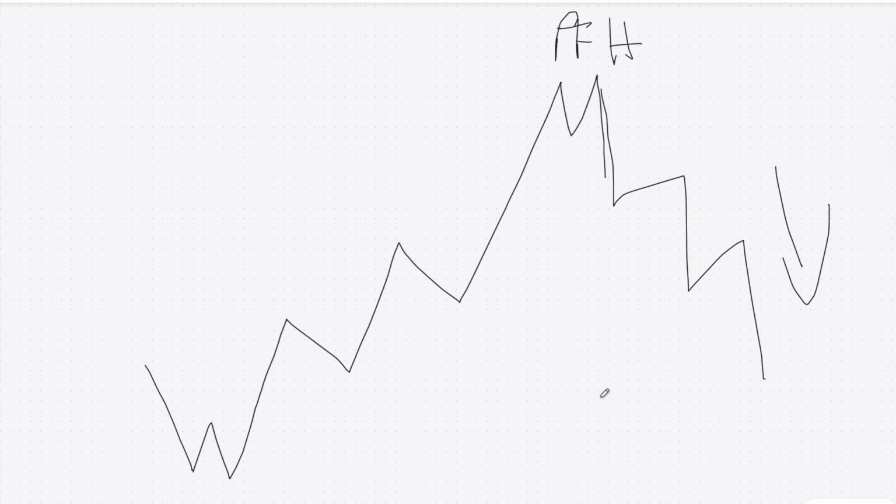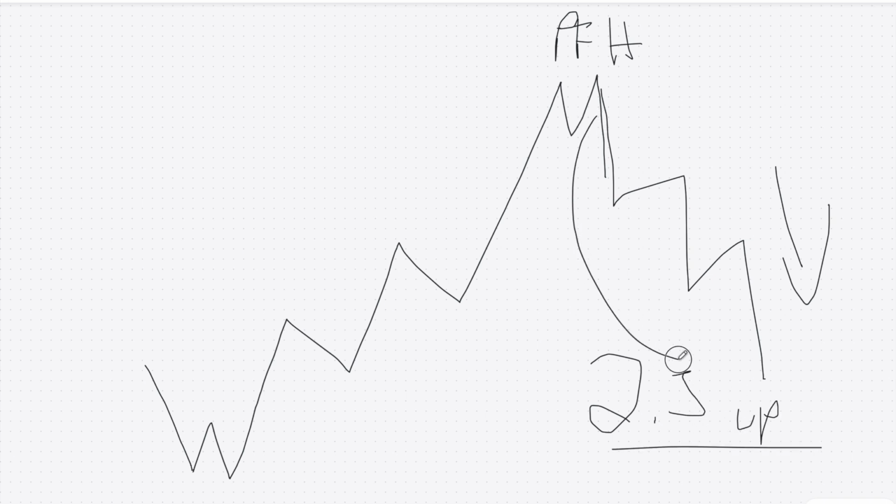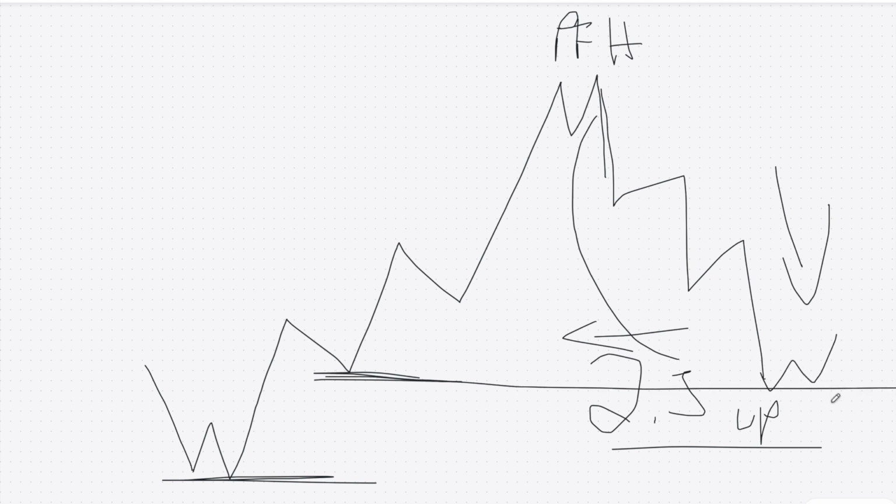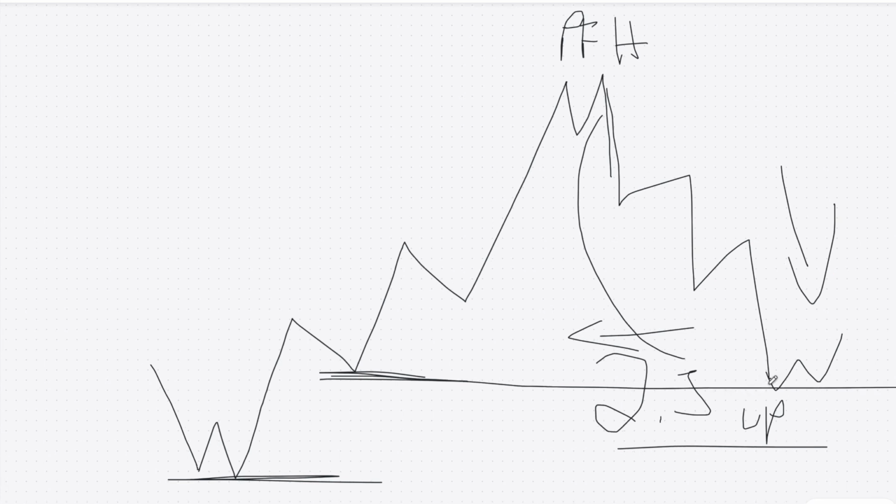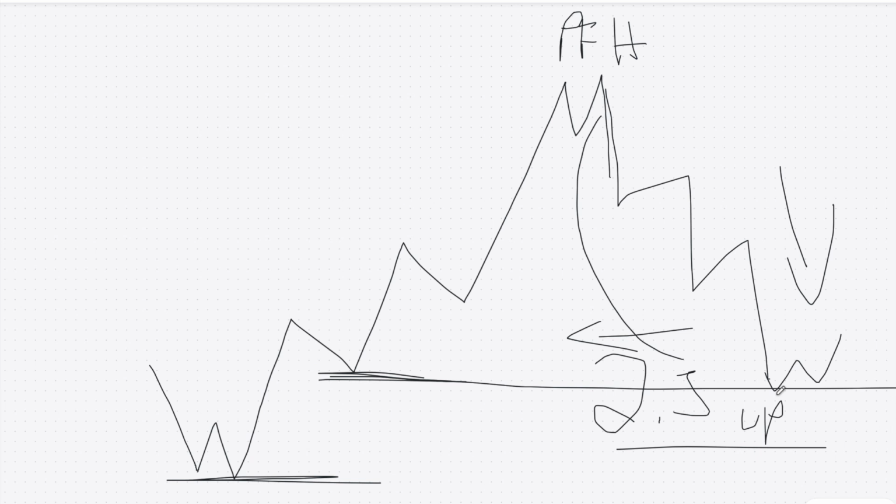For me personally, as soon as I get to anywhere from 2.5 and up, we basically moved 2.5 times its own ADR, and we're approaching, or we're at, a structure point, meaning if you look to the left, there's another structure point here. If we're right here at this structure point, at 2.5, I am no longer interested in trading this particular pair until it creates a new peak formation.